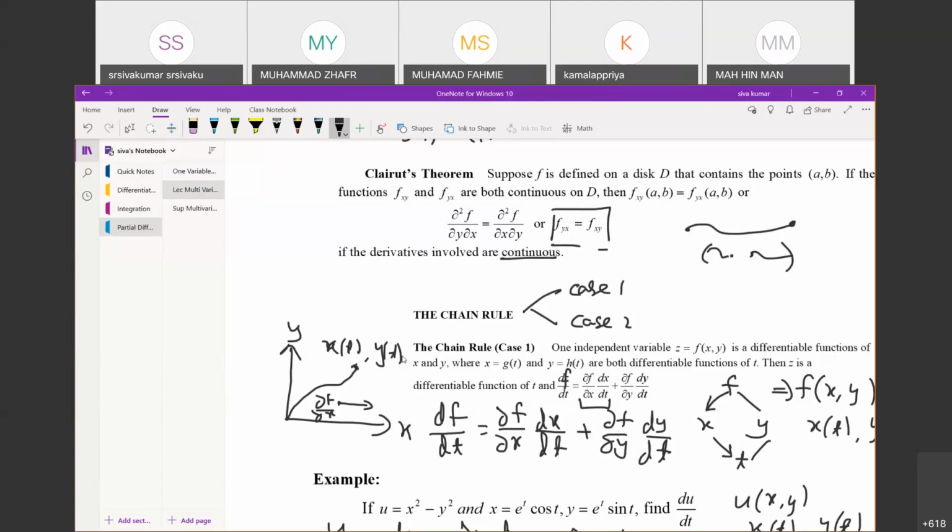We go this way: df dx dx dt, plus df dy dy dt. Therefore you get the combination of this, and you can get df dt. If you want to go for df dt, you need to go through this. This is the connector.